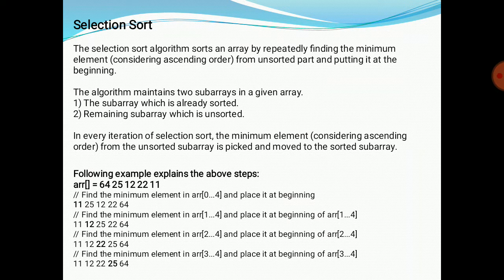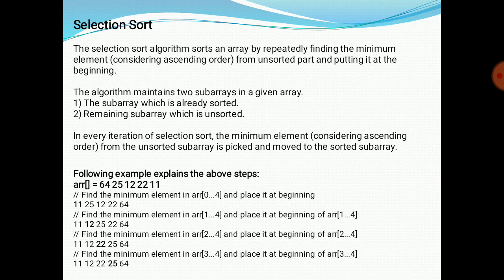Now for the second pass, this algorithm starts from the second position and again finds the minimum element from the list. Now the second minimum element is 12 and it is at minimum index 2. Since the array starts from 0, the index of 12 is 2.